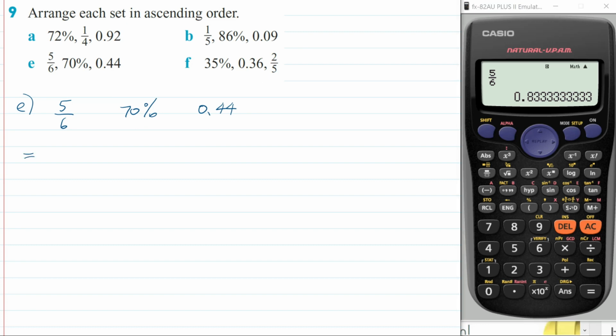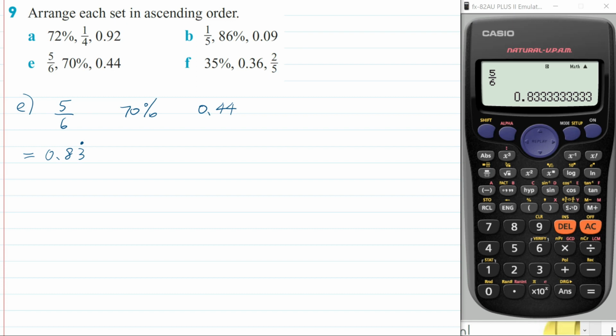So we can see that it's about 0.833333, and it's another recurring decimal. The 3 actually doesn't stop. It only stops because the calculator has run out of display digits. So I'm going to put a little dot above the repeating digit just to remind me that this is a recurring decimal.